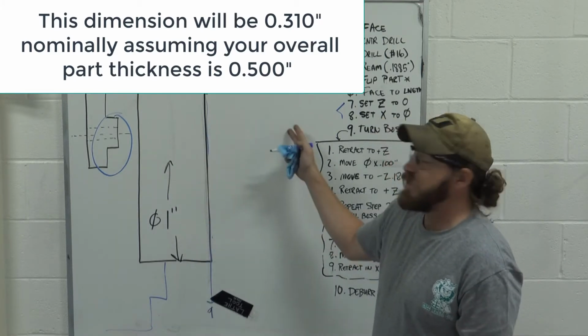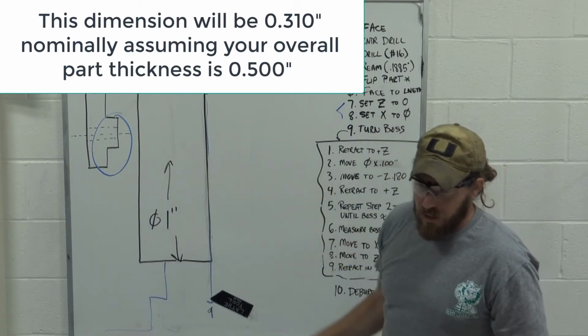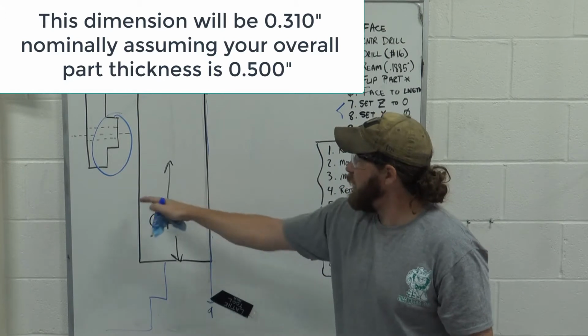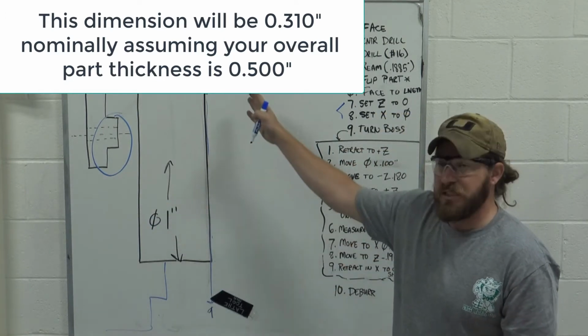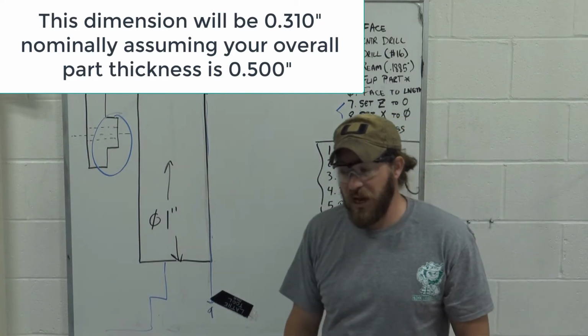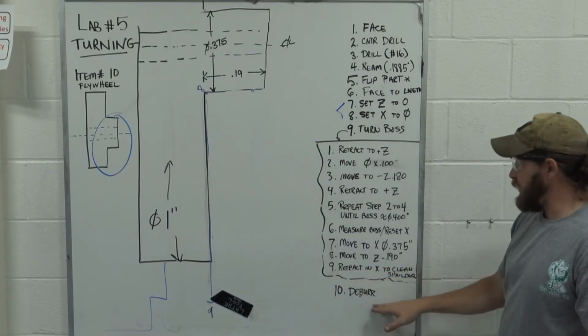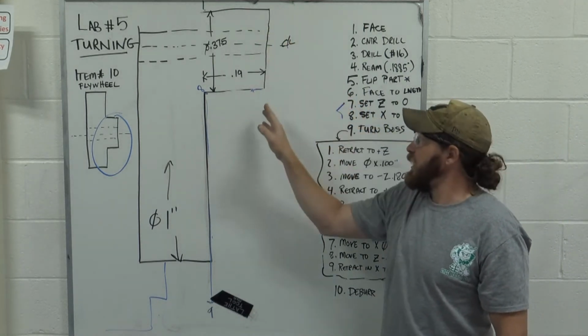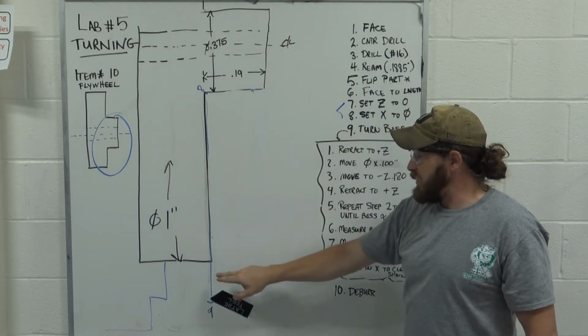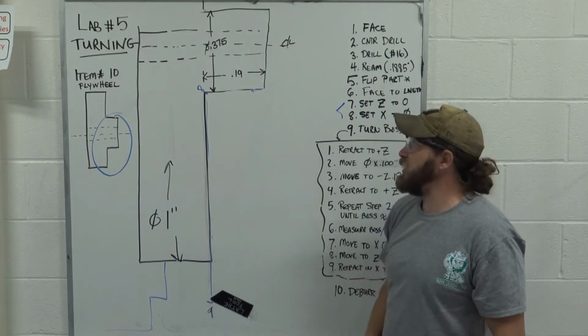Because the whole thing is a 1/2 inch. So this should be 0.31. So you should be able to have this nice flywheel. The last thing you have to do is just deburr it. Again, just take the file on the outside corners. Just kind of touch those real quick.